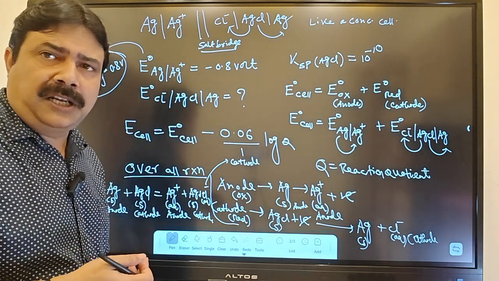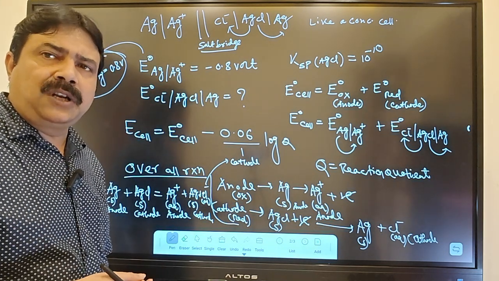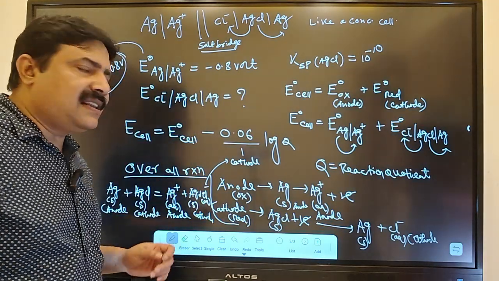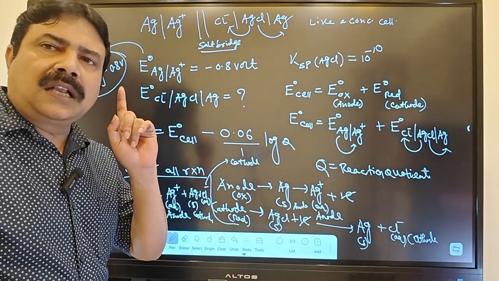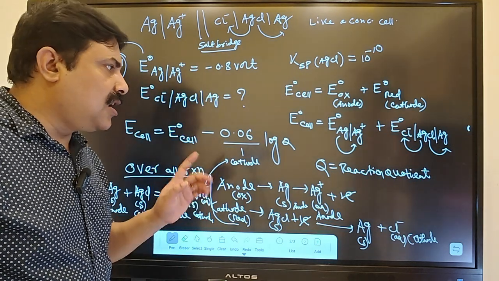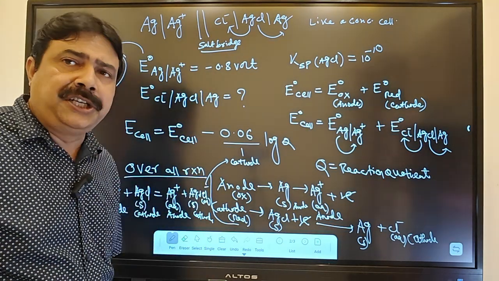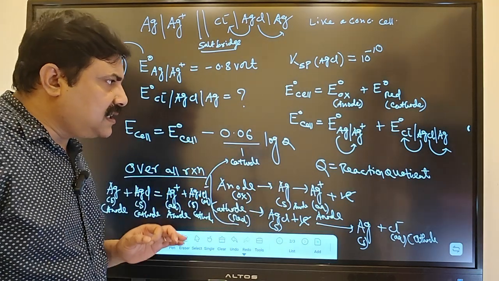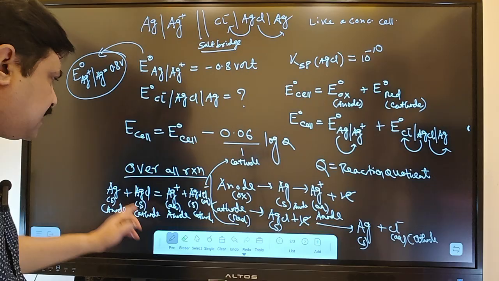For a particular solid, the density at a particular temperature and the molar mass are fixed, so that ratio is a constant. For our convenience, we take it as unity. That's why active mass or molar concentration for solids and liquids we consider as 1, and I will not take them into consideration in Q. Then the overall reaction is this.